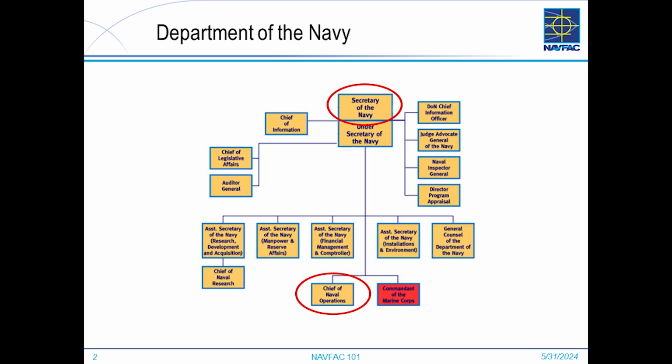Next, we are going to concentrate on the Department of Navy, otherwise known as DON. Our current Secretary of the Navy is Mr. Carlos del Toro. And the Department of Navy has approximately 350,000 active duty personnel, about 100,000 reservists, and about 195,000 civilians that work for it.